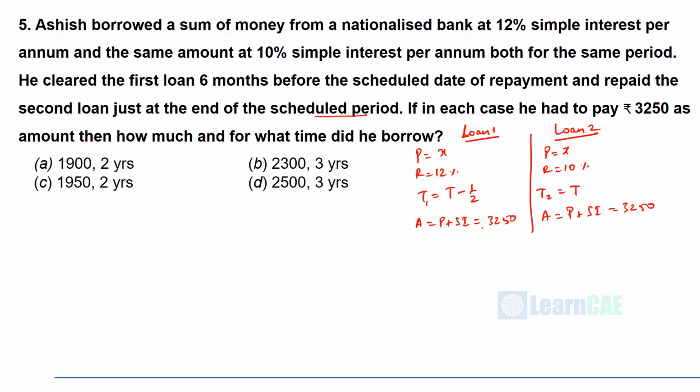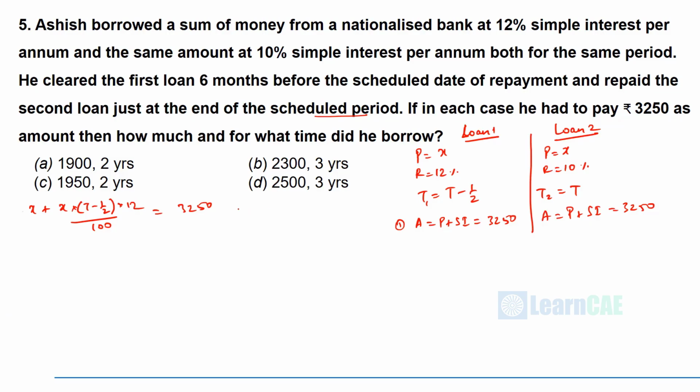Now let us substitute the values for both cases and find out the values of x and T. In the first case, the principal plus simple interest is equal to 3250. The principal is x, simple interest is PNR by 100: x into number of years, T minus 1 by 2, into 12 divided by 100, is equal to 3250.